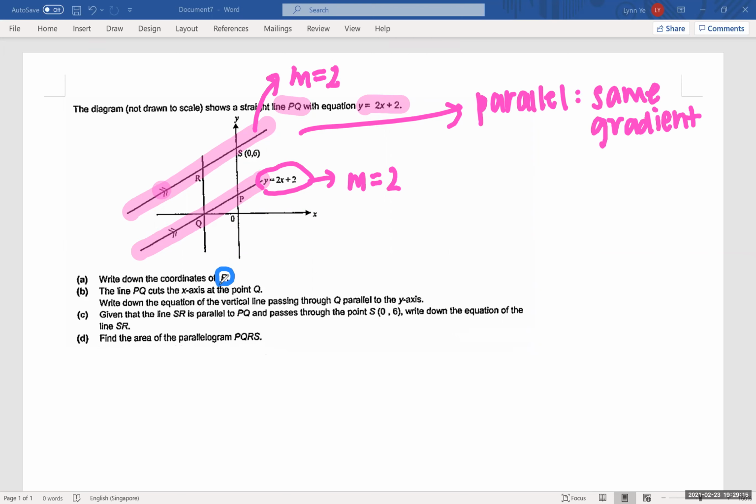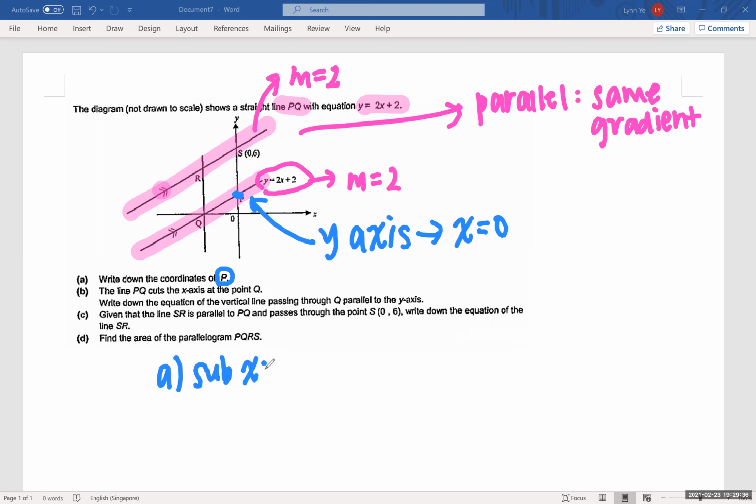P is lying on a very strategic place. Can you see that P is lying on the y-axis? If P is lying on the y-axis, we need to know by now that the x value is 0. So what we have to do for A, to find P, is sub x equal to 0 into the equation.